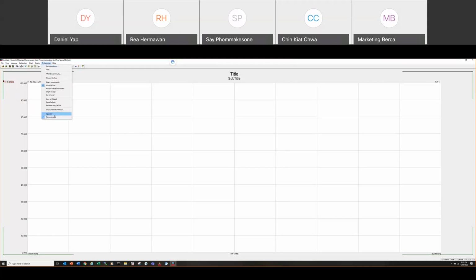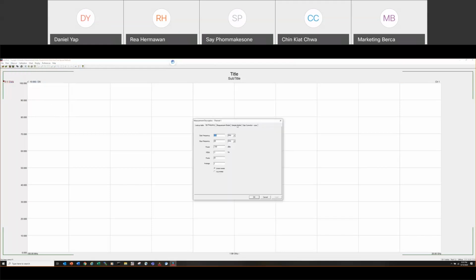In operator mode, you define that only certain things can be modified, for example only the sample thickness. So the operator only needs to know how to make a measurement, in case of use in the manufacturing process.